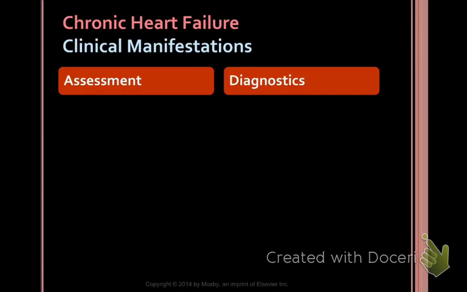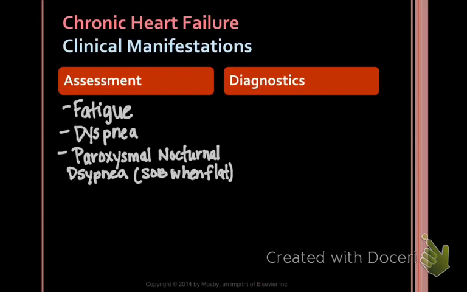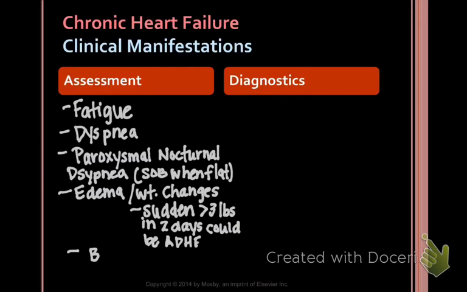The chronic heart failure assessment includes fatigue, dyspnea, paroxysmal nocturnal dyspnea, which is shortness of breath when you're laying flat at night sleeping, and edema or weight changes. A lot of times it can be sudden, and if it's sudden, which is greater than 3 pounds in 2 days, it can be acute, right?